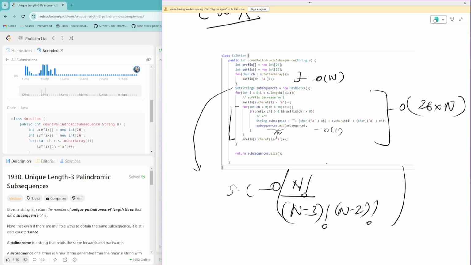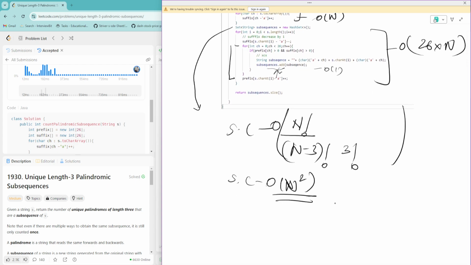If we analyze it, it would be n factorial, and because we are just considering an n minus 3 size array, it would be n minus 2. So it would be something about n square. Okay, space complexity.